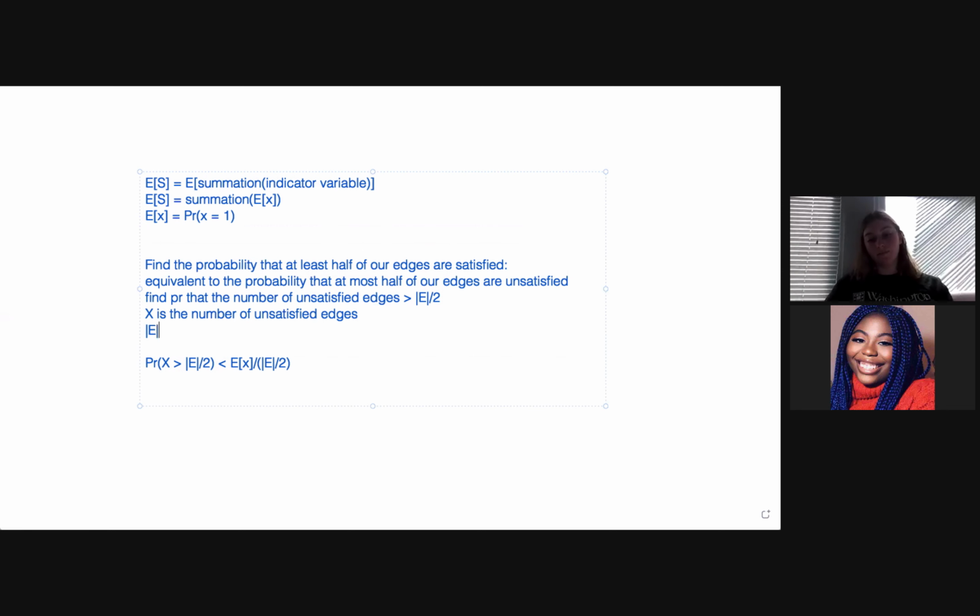Exactly, because it's 1 minus the number of satisfied edges. So here, our e of x is e over 3, because again, we're calculating x as the number of unsatisfied edges. Oh, okay. So that's the expected number of unsatisfied edges, which is the place that some people trip up.